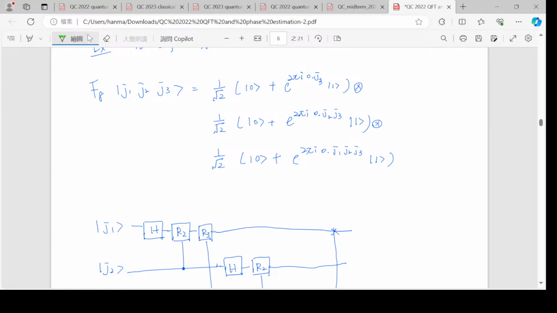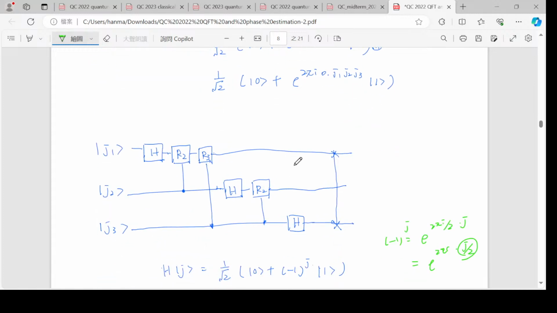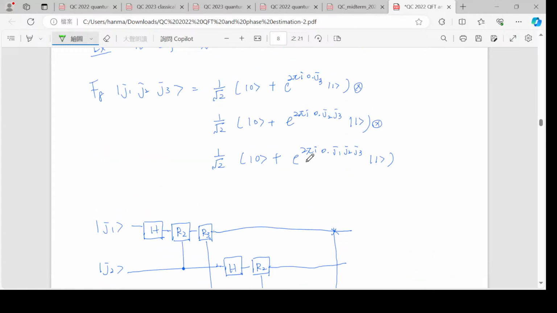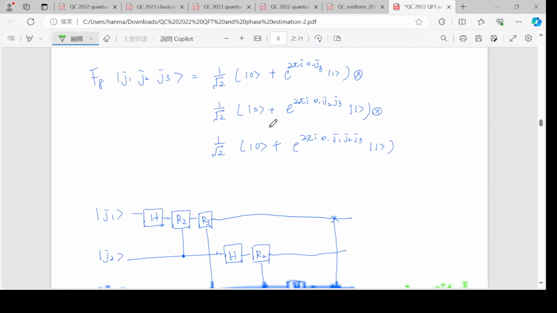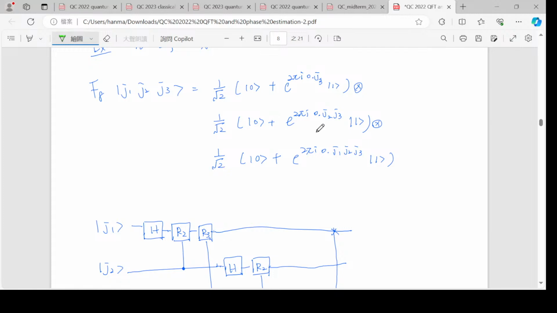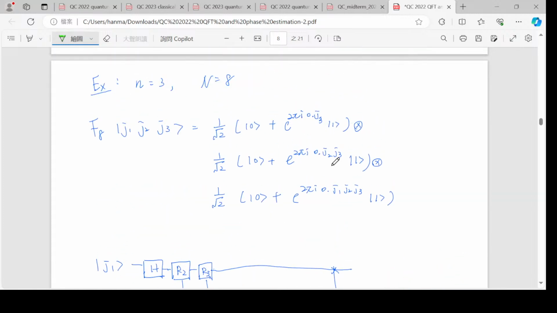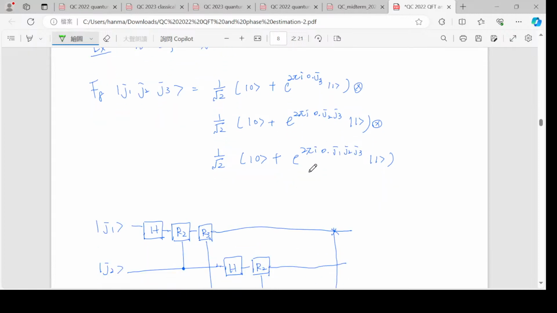Okay, yeah. So the question is, why do we need to do this reverse ordering? Can we just have this in the correct ordering at the beginning? Okay, and I guess that's a little bit why we want reverse ordering, because we are actually using some nice property here. So we want to make the first qubit equal to this thing, because if you look at this thing, the only dependence on J1 is here.